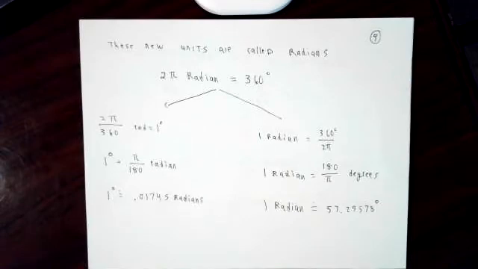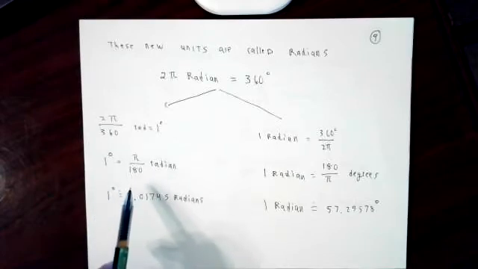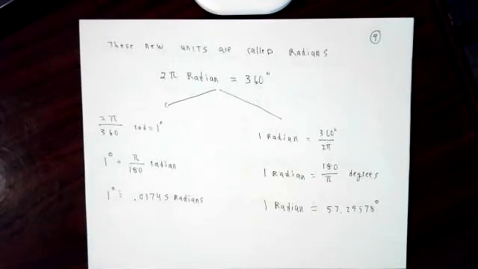And if you cancel a common factor of 2 out, you find out that 1 degree is pi over 180 radians. Now, pi is about 3, and 180 is a lot bigger than that. So 1 degree is only about 0.01745 radians.